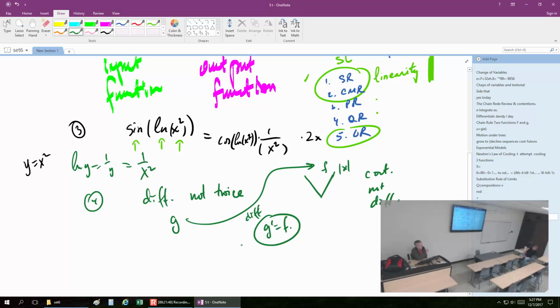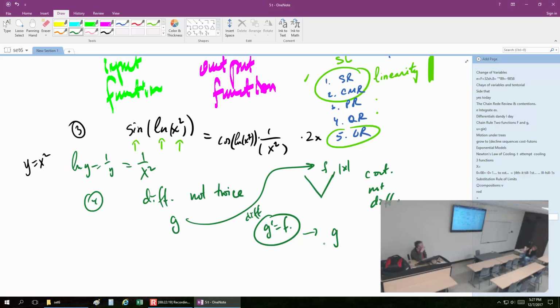What I circled there is the answer. g prime is equal to f. What is g? Well, this is something I've been trying to talk about from the very beginning.